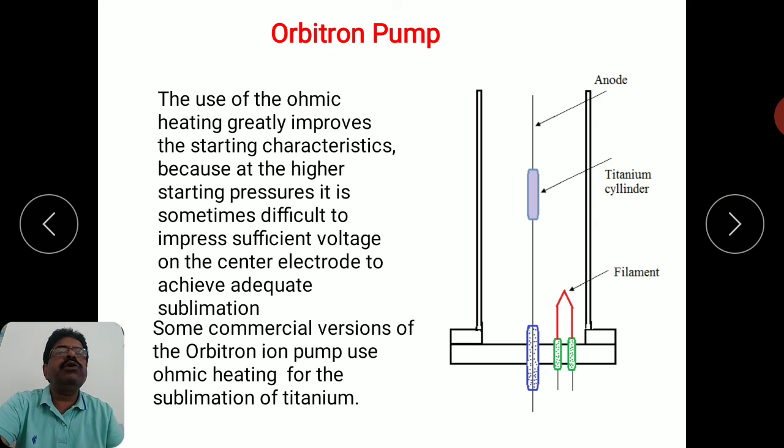So this is how the orbitron pump is one very important type of pump, and it provides a good means for pumping of inert gases, because, as we have seen earlier with different types of vacuum pumps, the pumping of inert gas molecules is rather difficult. The orbitron pump is the best choice for removing such inert gas molecules during the pumping process.